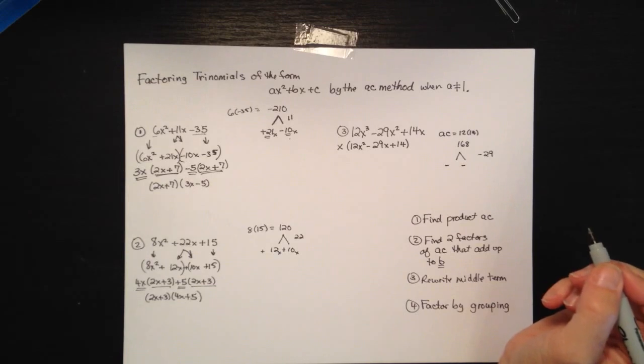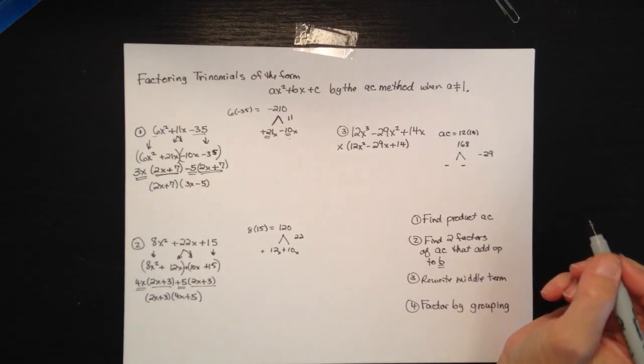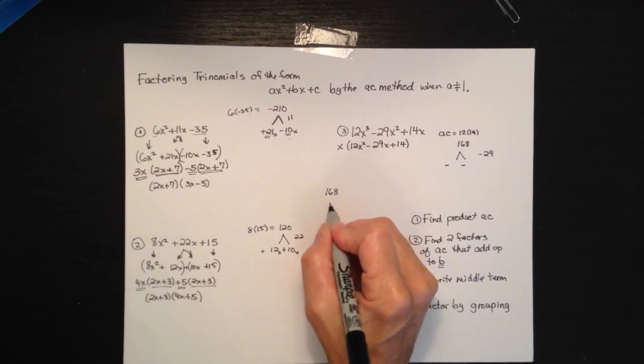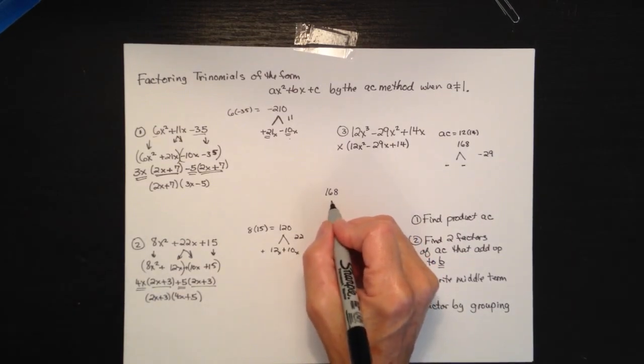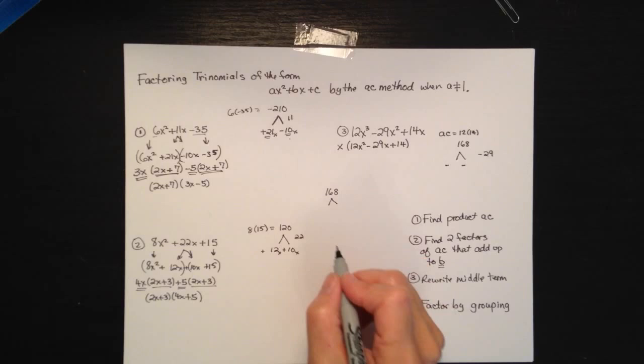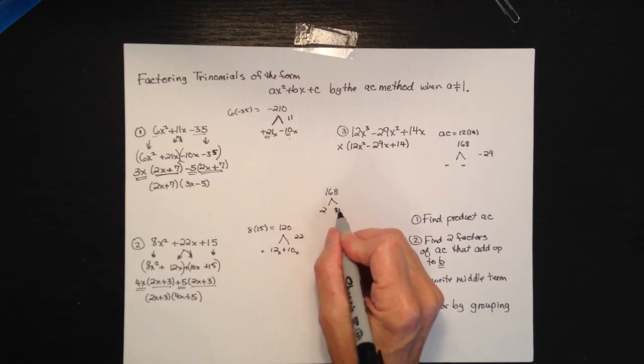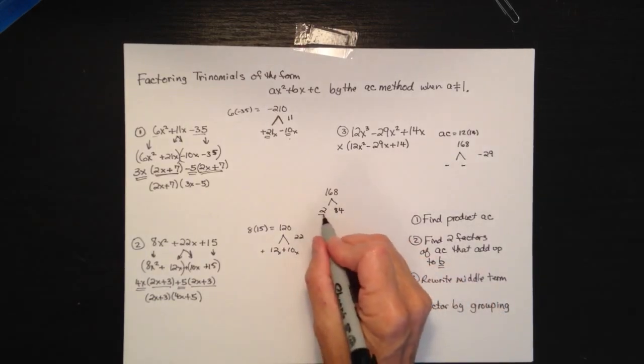All right, so 168 I'm not that familiar with, so I'm going to mess around with 168 and see what kind of factors are inside of it. I'm going to start breaking it down into its prime factorization. I see it's an even number, so I know 2 can go into it. 2 can go into it 84 times. And 2 is prime.